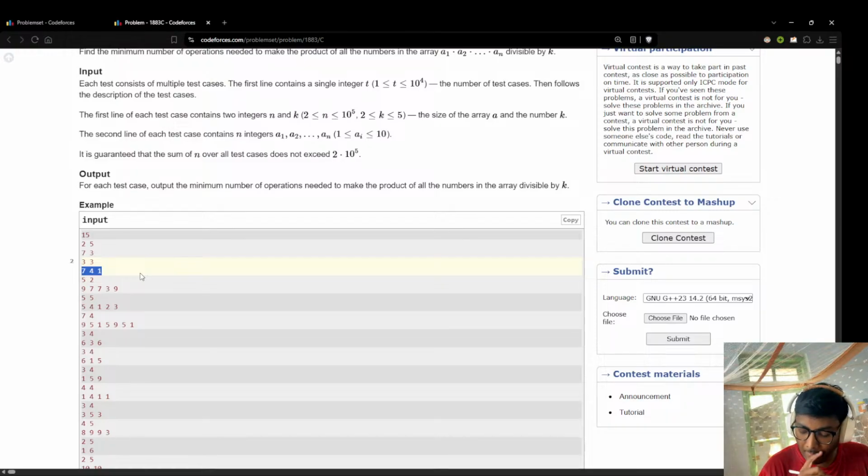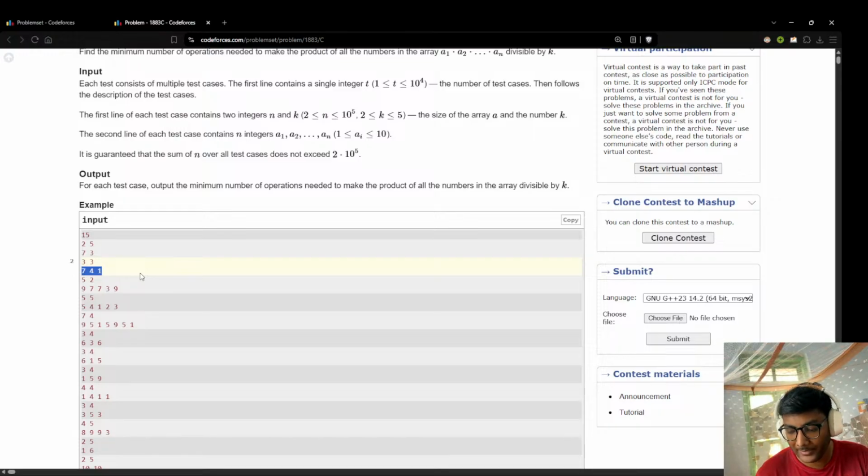So I'm thinking maybe find the distance from 5 for every element, and let's print out the minimum distance. Also, if one of the elements is 10, in that case, again, maybe distance to 10 will also work.